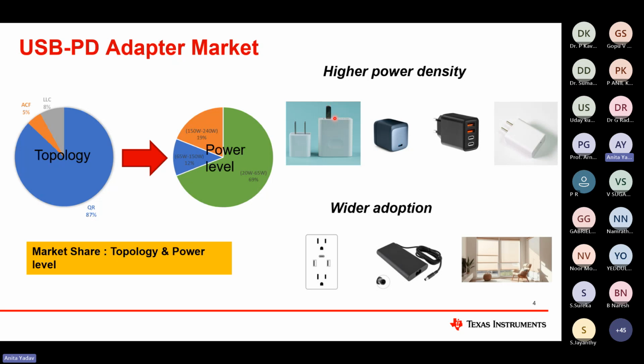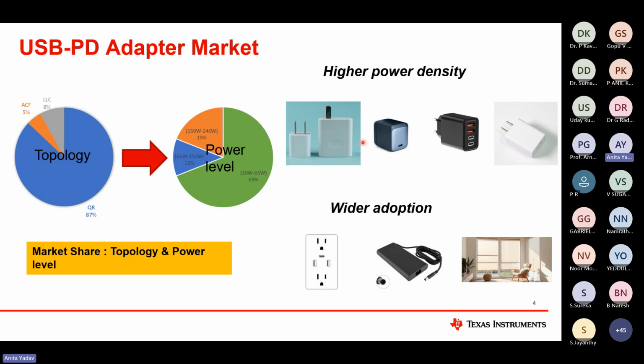So here is a short comparison. Let's say I have a 45-watt charger which used to be this big, but with the current trend, technology and concepts, we are able to achieve very compact, high power density adapters.